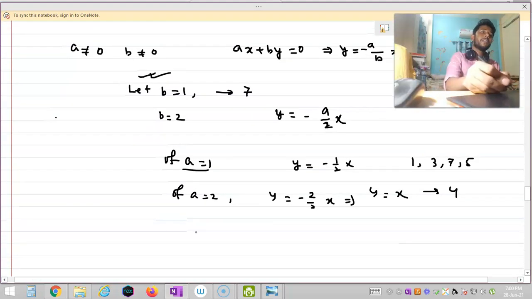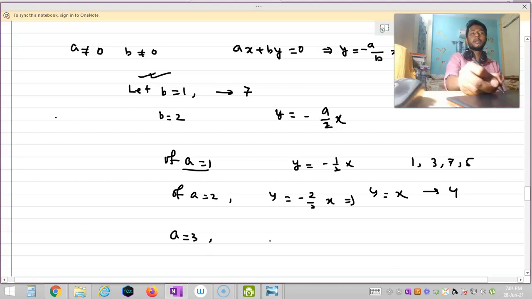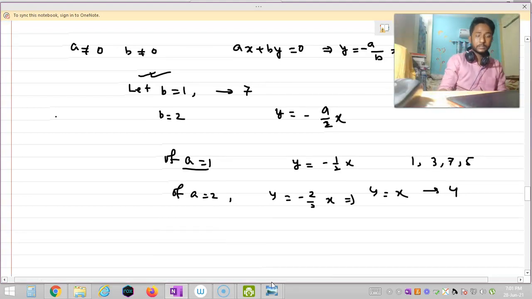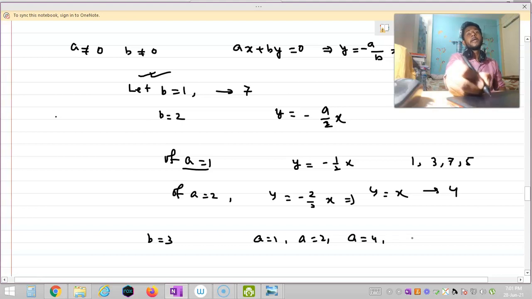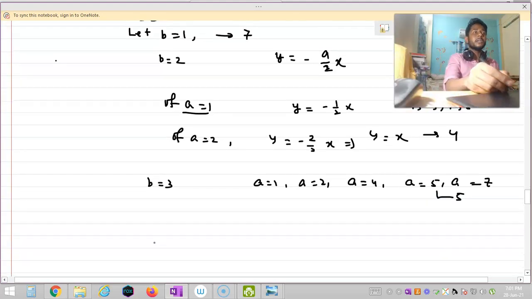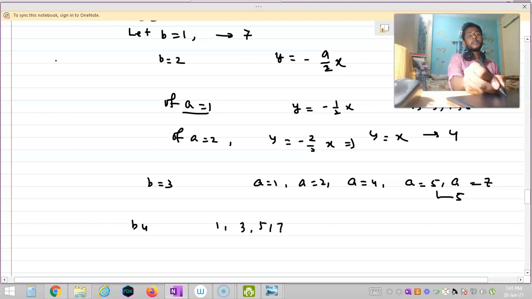Now if b equals 3, the possibilities are a equal to 1, a equal to 2, a equal to 4, a equal to 5, a equal to 7. So there are 5 possibilities. Now if b equals 4, then 1, 3, 5, 7, again 4 possibilities.